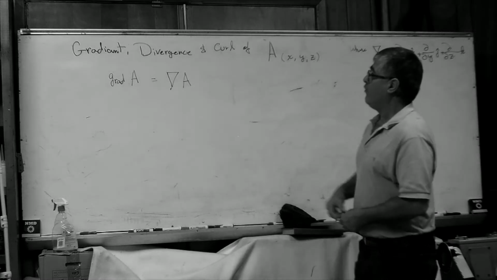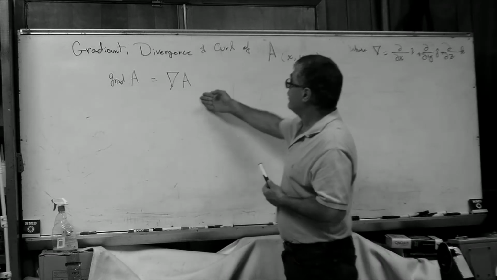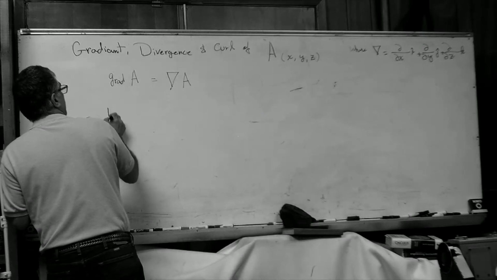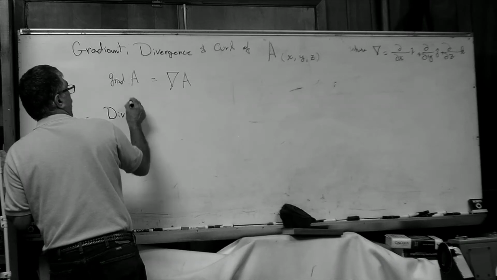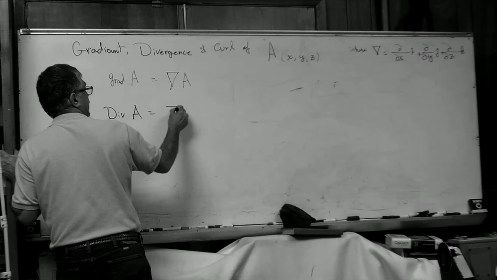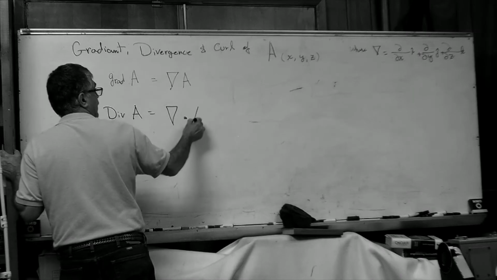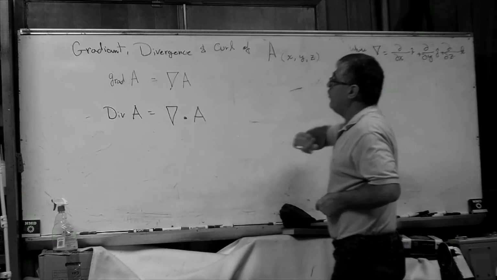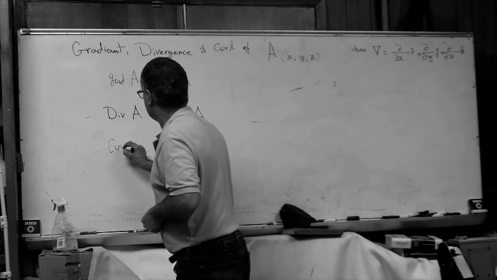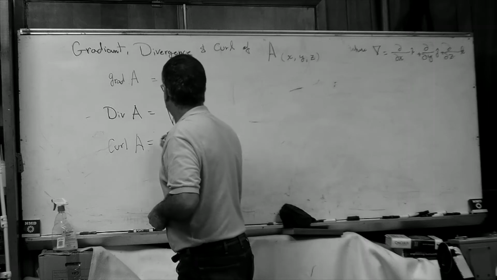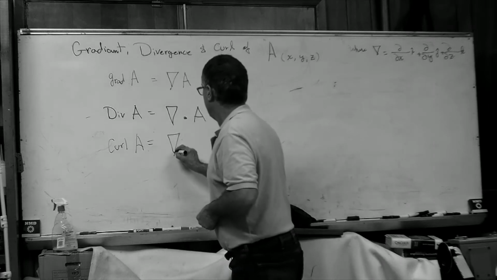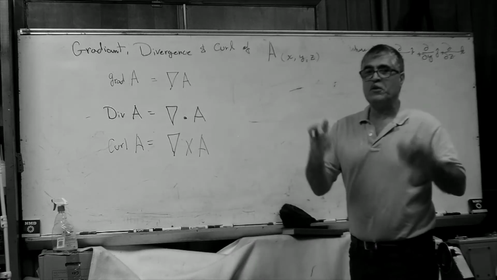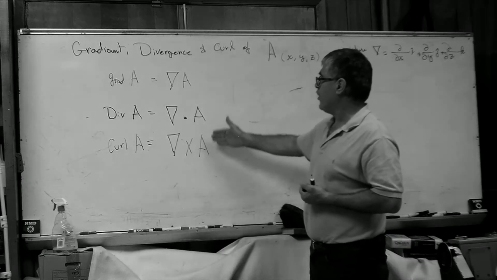So the grad of A is shown like this, del A, and the divergence of A is shown like del dot A, and the curl of A is shown as curl A is equal to del cross A. I always used to regard this as multiplication, dot product, and cross product.